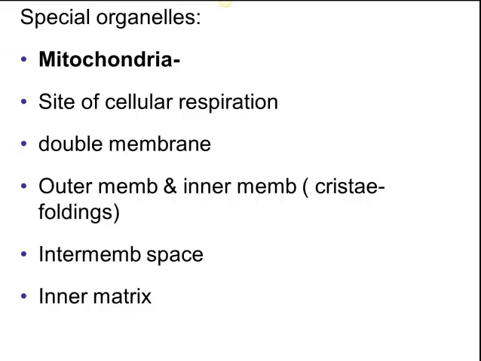Now take the example of mitochondria. This special organelle is present in plant cells, animal cells, fungi and protists. Mitochondria has to be present in all eukaryotes because it is the site for cellular respiration.